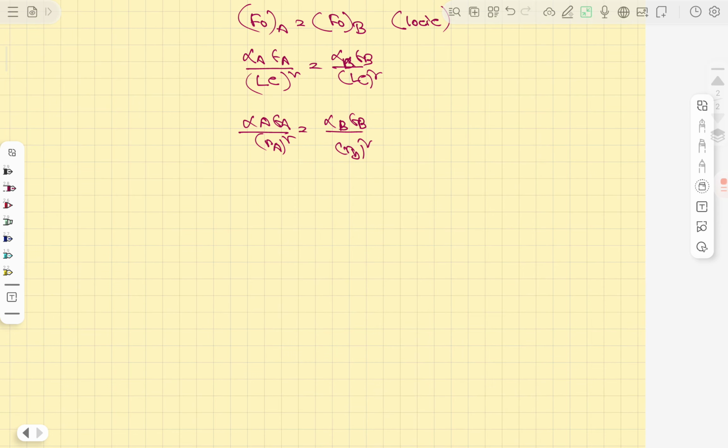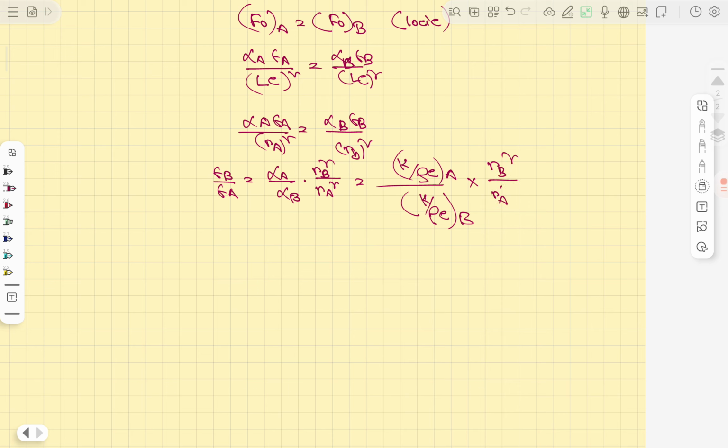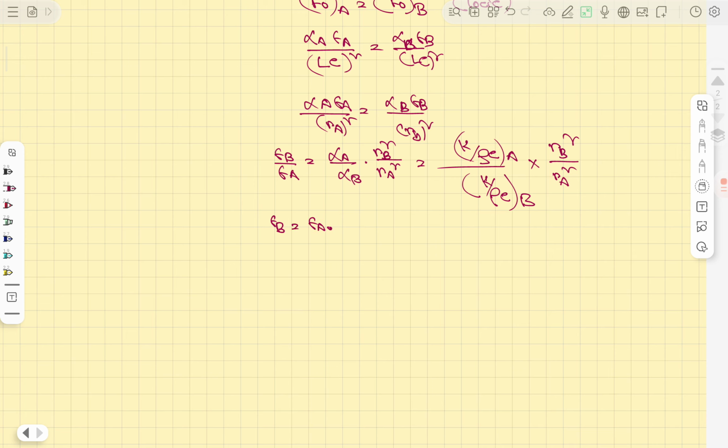You can write TA multiplied by KA by KB into rho C of B upon rho C of A, into RB whole square by RA whole square.